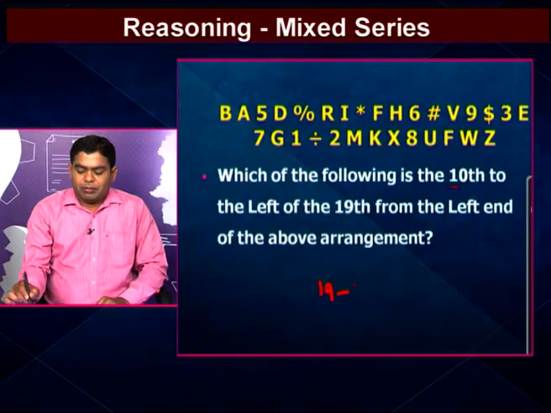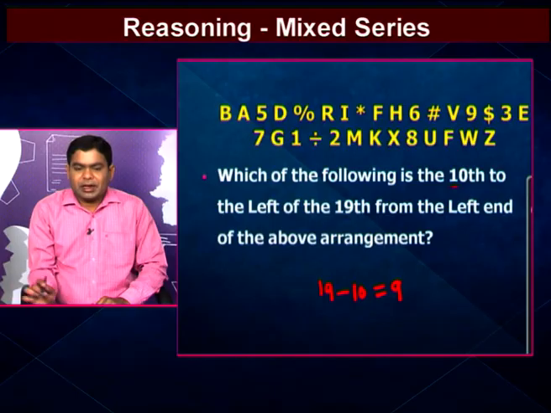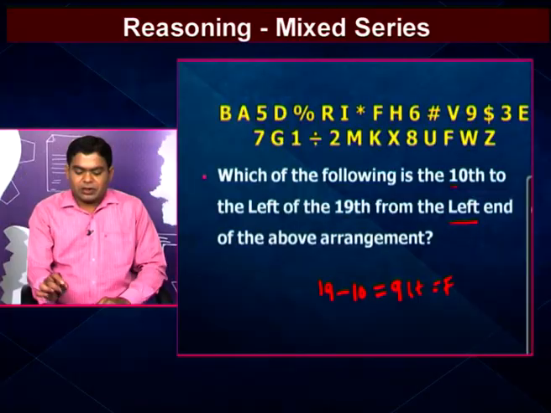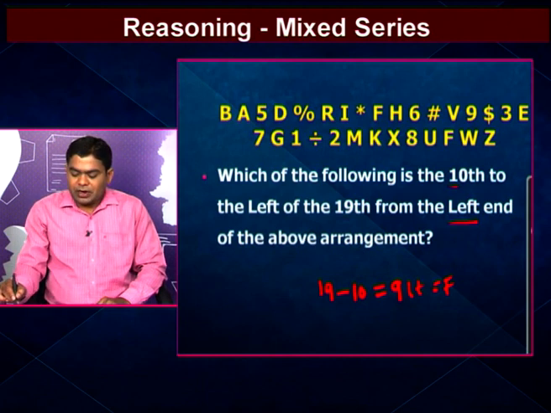Both are the same direction, that's why we subtract: 19 minus 10, then we get 9. Ninth left is our answer. The third element is 5, the sixth element is R, so the ninth element is F. So the answer is F. We go to the next question.